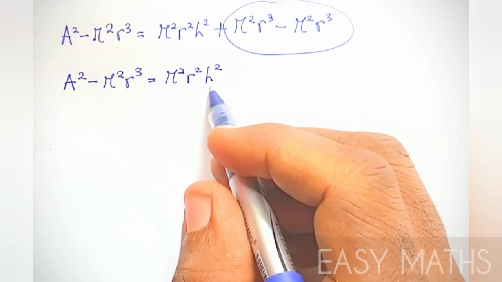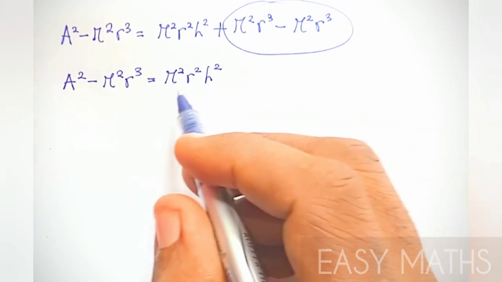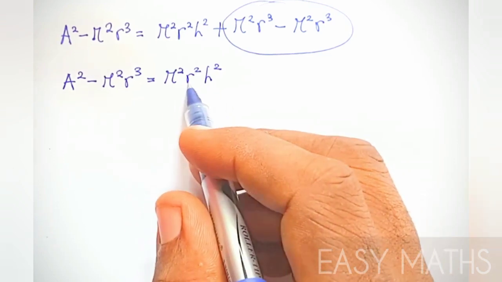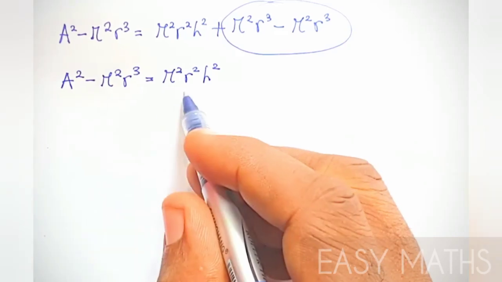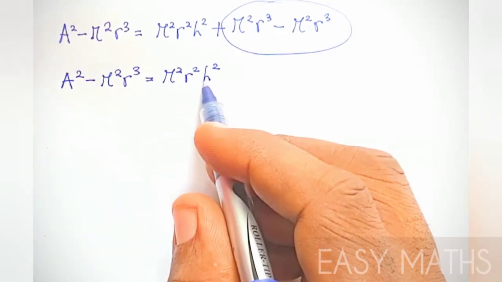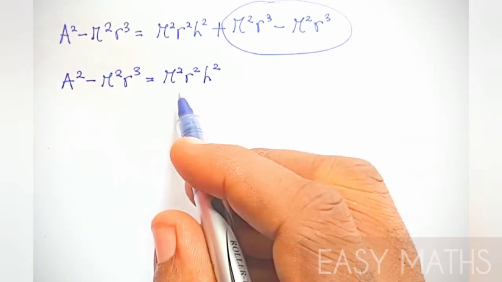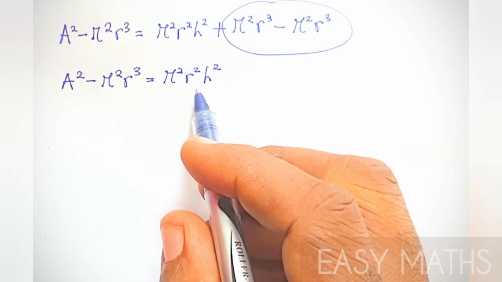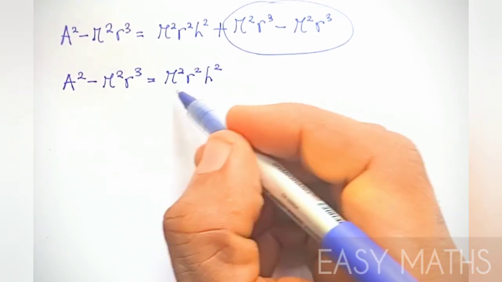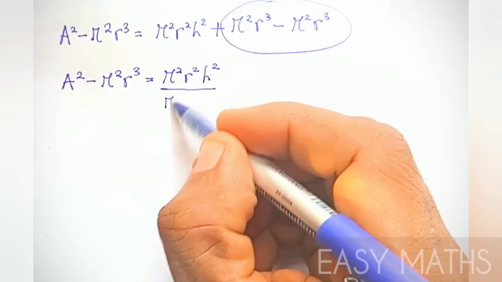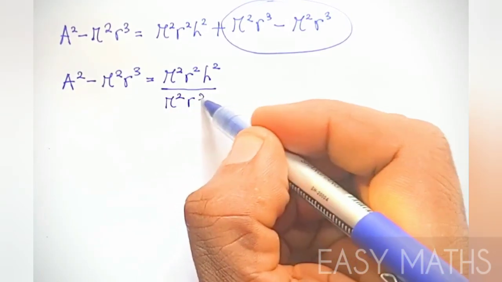Remember, we want to make h the subject of formula, so we see how we can push this pi and r to this other side since they are multiplying h. So we have to find the inverse of multiplication, which is division. So we're going to divide both sides by pi squared r squared.